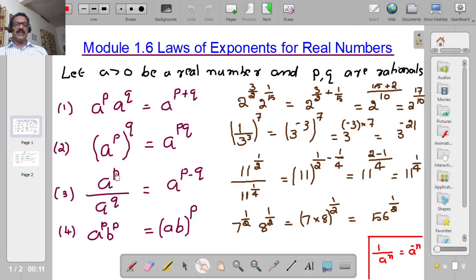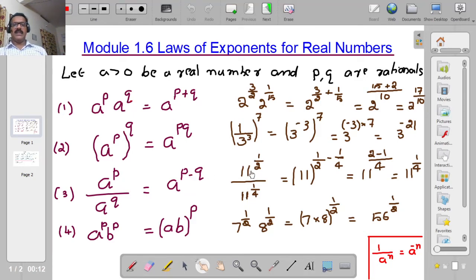Both dividend and divisor have the same base, so we have to subtract the exponent of the divisor from the exponent of the dividend. So the result is a raised to p minus q. A raised to p upon a raised to q is equal to a raised to p minus q.